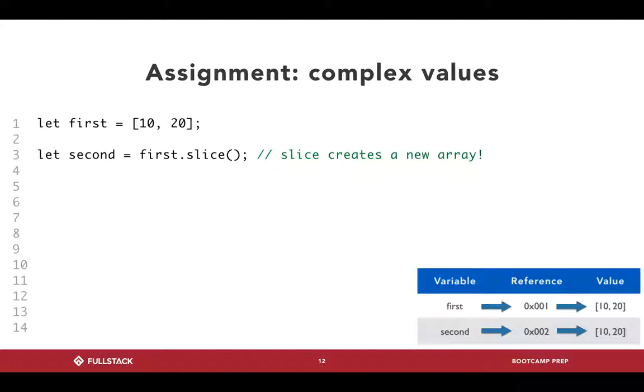In this case, it's 0x002, and we point second to this new reference, right? And so even though these two values are the same, notice how they're at different addresses, and they're pointed to by different variables. So now we see the same instance we saw earlier, where I could do whatever I want to first, or whatever I want to second, and it won't impact the other one.